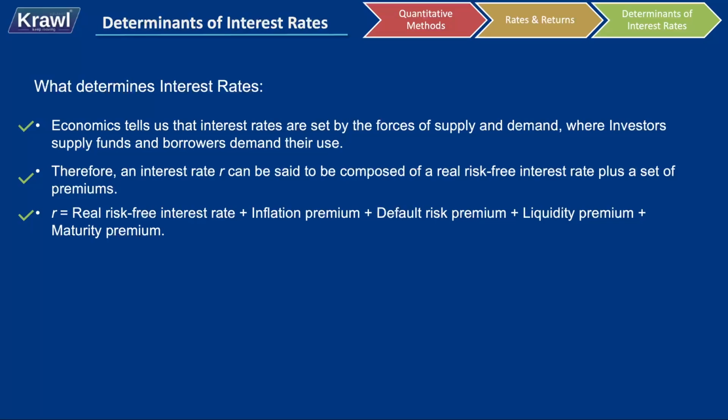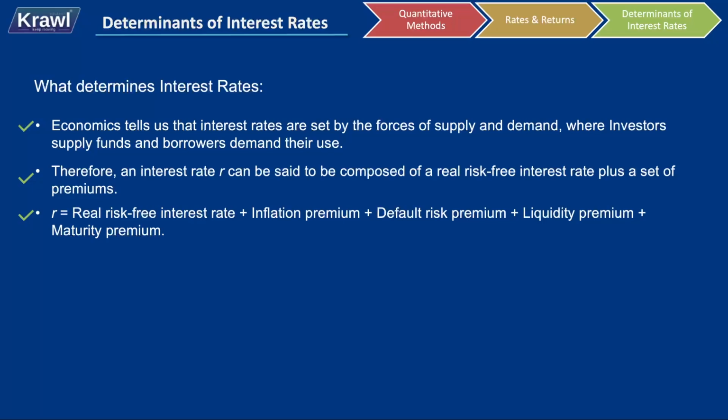But let's put a structure, because once you have the structure, you can figure out what is coming from where, because interest rates across the world can vary. In the USA, the interest rates could be different compared to Europe. And in Europe, again, different countries might have different interest rates. And so might be the case in Asia.